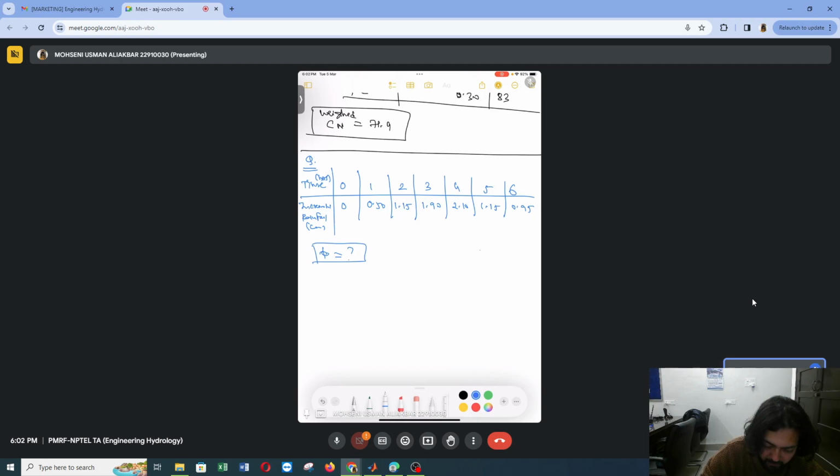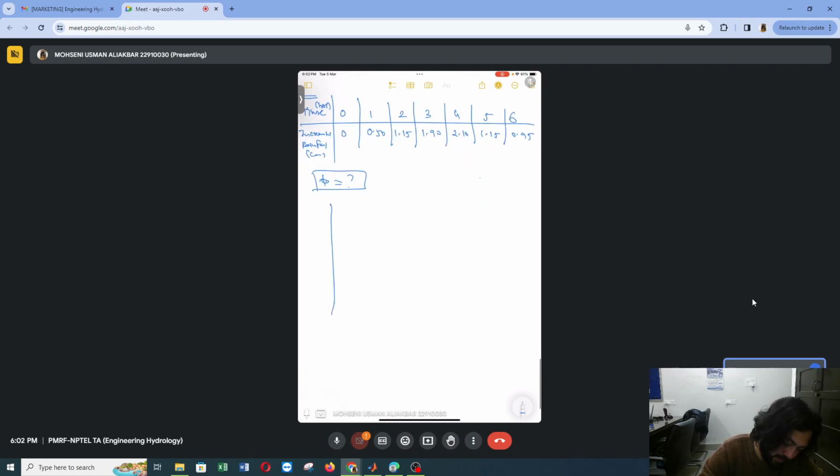So whenever we are using phi index, we are just going to plot the rainfall hyetograph first, right? So we are going to plot incremental rainfall versus time, and based on that graph we can calculate phi. So for 0 it is 0, for 1 it was 0.5, for 2 it is 1.15, then 1.5, 1.90.